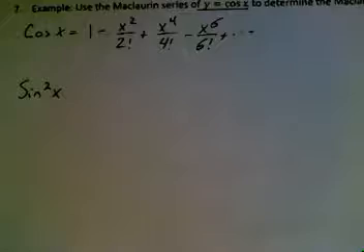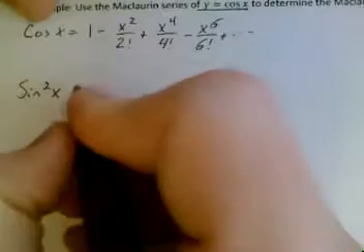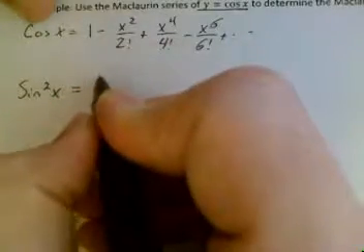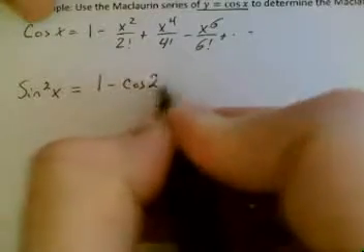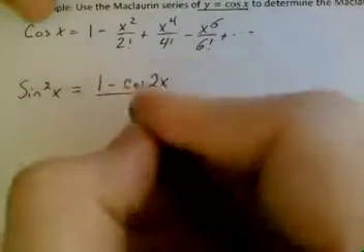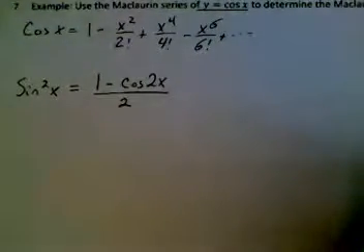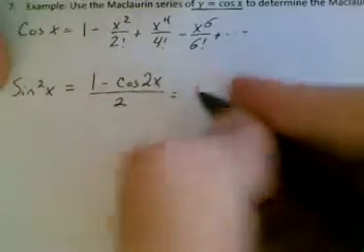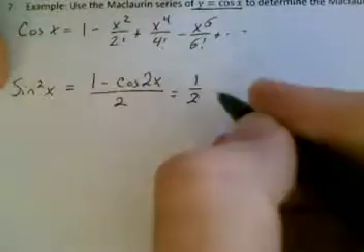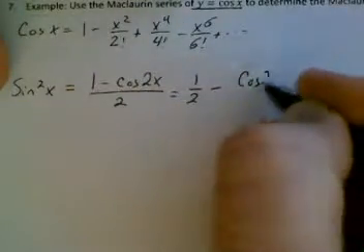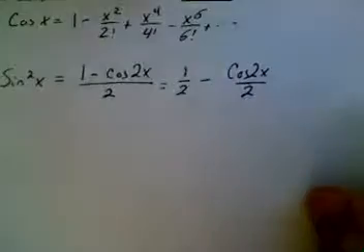Well, if you recall this particular identity, which I believe is considered the half angle identities, don't I have a way now to deal with this, being equal to 1/2, distributing the division, cosine of 2x divided by 2?